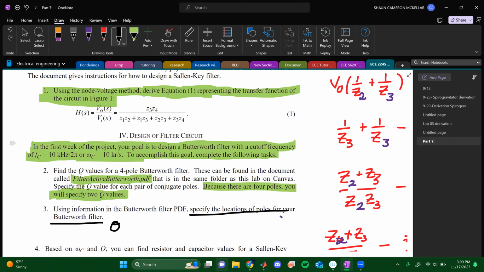The locations are at theta equals 5 pi 8, minus 5 pi 8, 7 pi by 8, and minus 7 pi by 8. So that's what you will use for the locations of your poles.